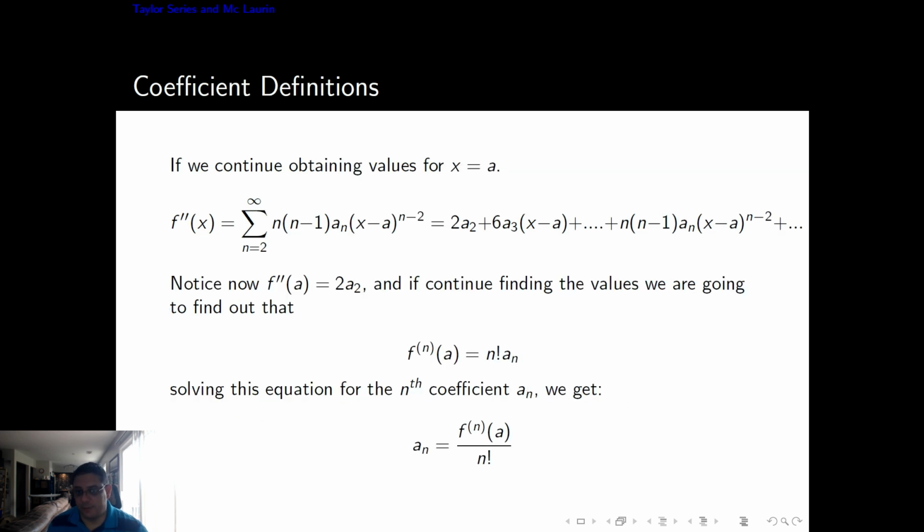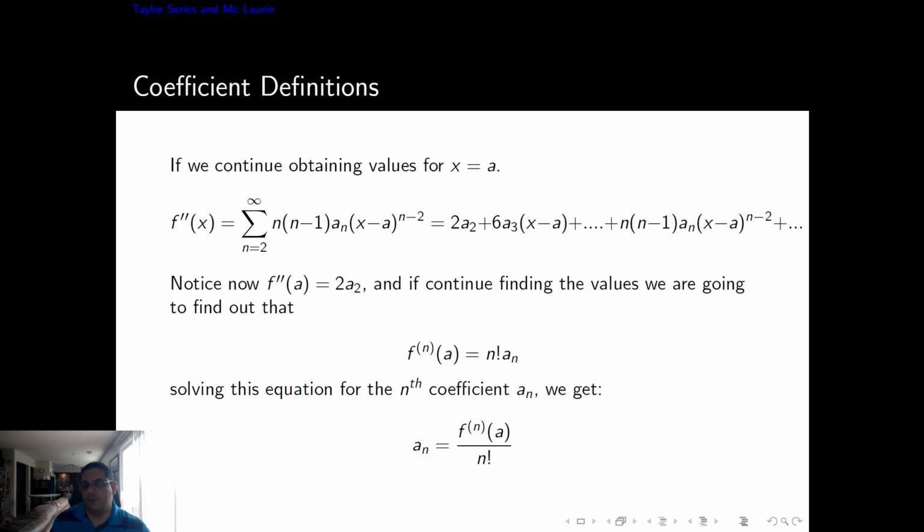If I continue doing that, I'm going to find that f double prime of a is 2a2, and in general, if I just continue finding the derivative values at a, I'm going to find out that the value of the n-th derivative at a for this function is going to be given by n factorial times the term an of the sequence.